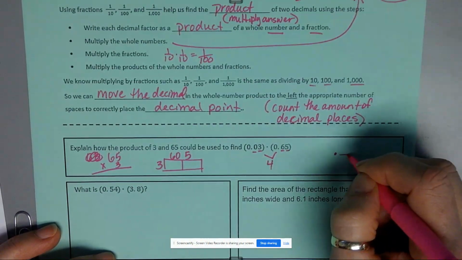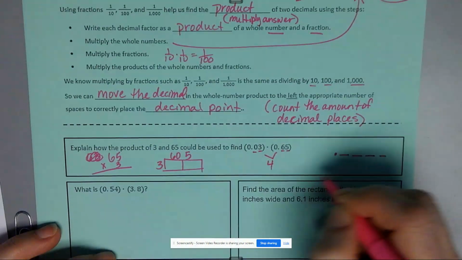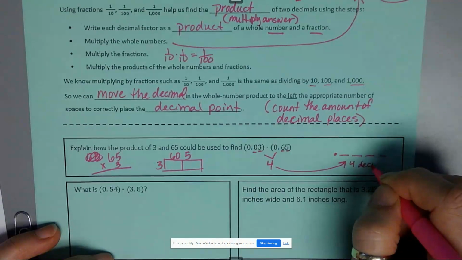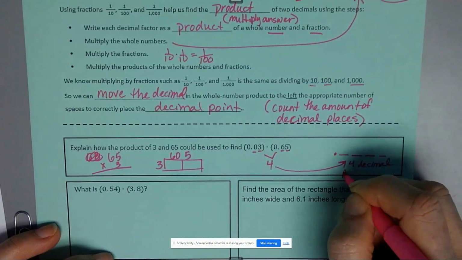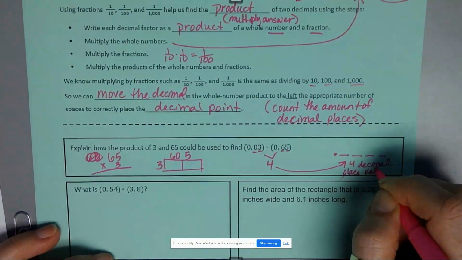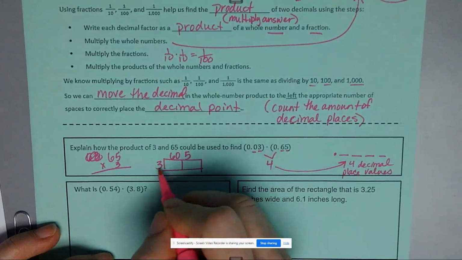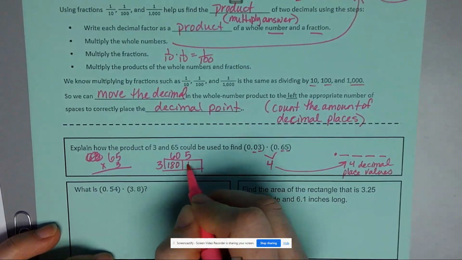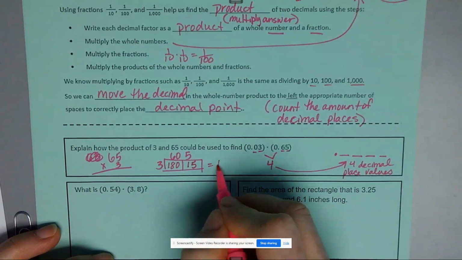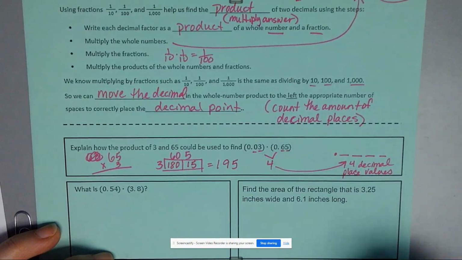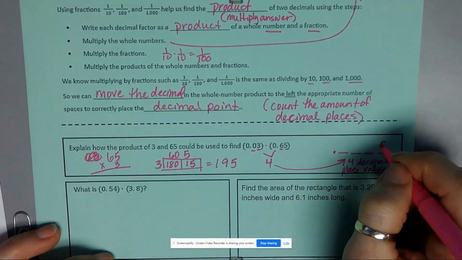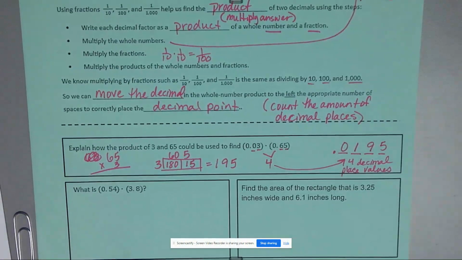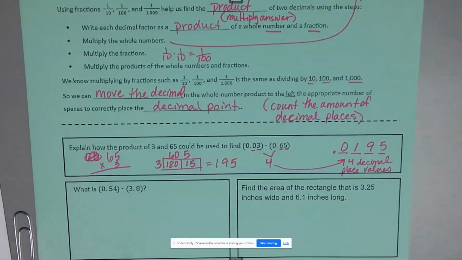So I know when I do my answer, I have to have 4 decimal place values. Okay. 3 times 6 is 18 with a 0, 180. 3 times 5 is 15. So that is 195. If I put it on the line, it's 5910.